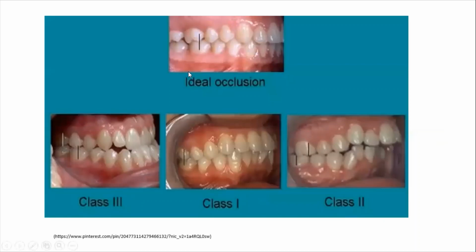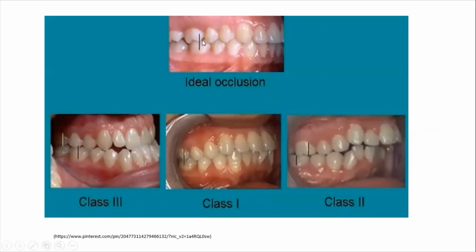So I lined up all of these so we can go over them really quick, so you can just differentiate very quickly by just looking at the molars. This is the way that I can quickly identify the classification when I'm looking at my patients. So ideal is our top one.